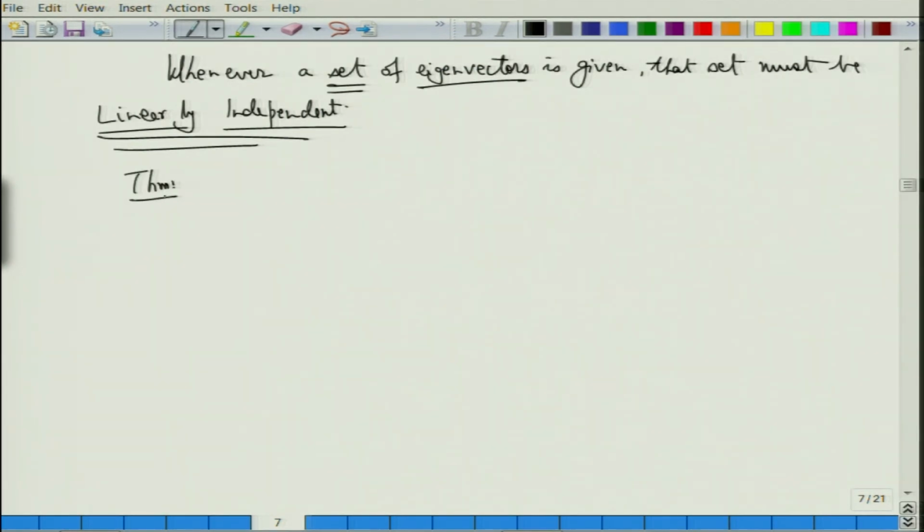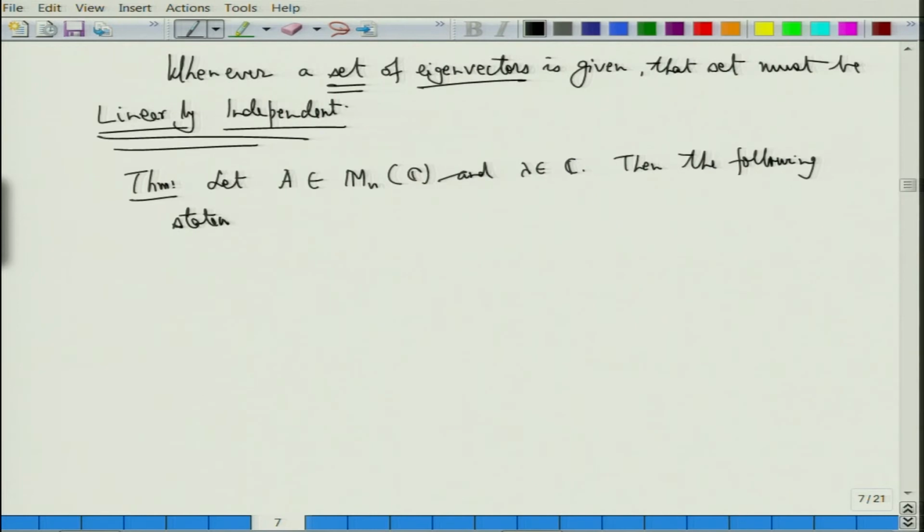Let A belong to Mn of C. As I said, most of our examples will be real numbers, but we will be working over complex numbers only. All right. Fine. And lambda belongs to C, then the following statements are equivalent.